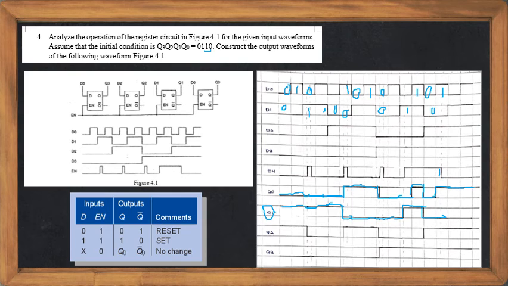And when D is 0 and enable is 0, it will be no change. When D is 1 and the enable is 1, the output will be set. When D is 0 and the enable is 1, the output will be reset. And when D is 0 and enable is 0, it will be no change. So when D is 1 and enable is 0, the output will be no change. This is the output of Q1.